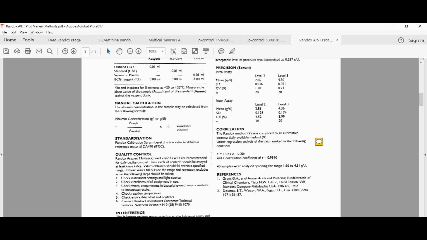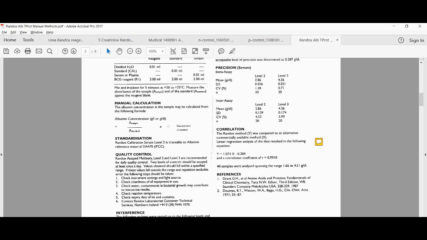Okay, so with any analysis, you must do the controls first, because the purpose of the controls is to determine whether your method is reliable and is going to yield acceptable results.